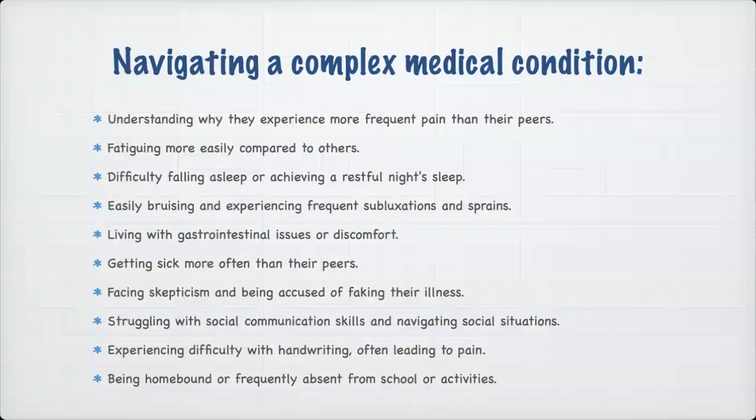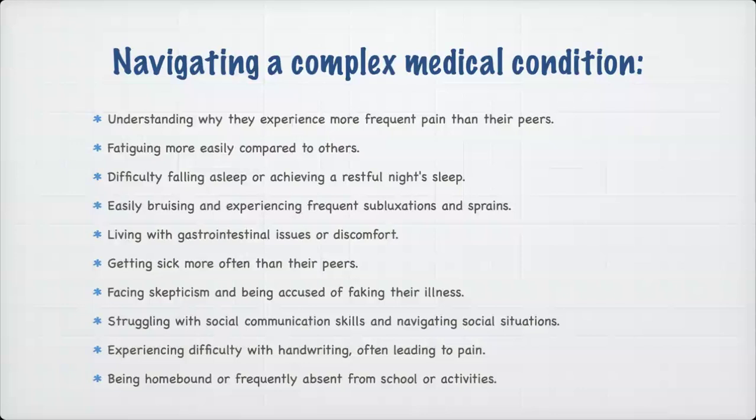So it's important that your child understands why they experience more frequent pain than their peers, why they fatigue more easily compared to others. Explain to them that difficulty falling asleep or achieving a restful night's sleep is linked to this condition. They have easy bruising and experience frequent subluxations and sprains.